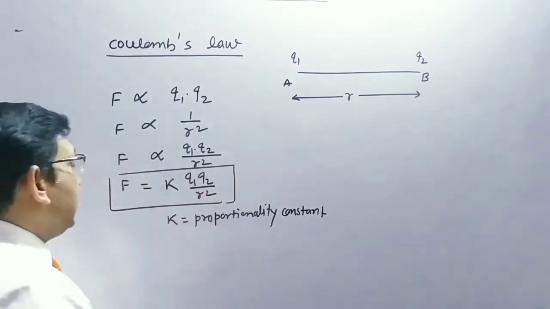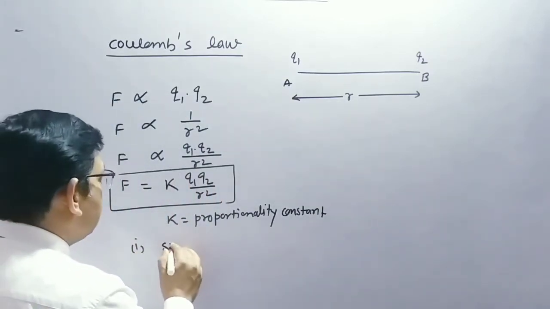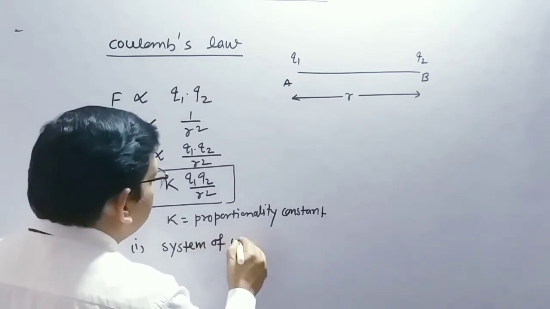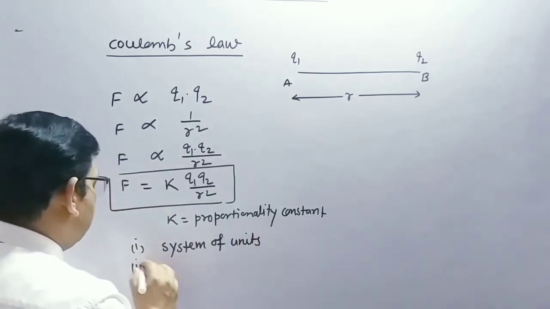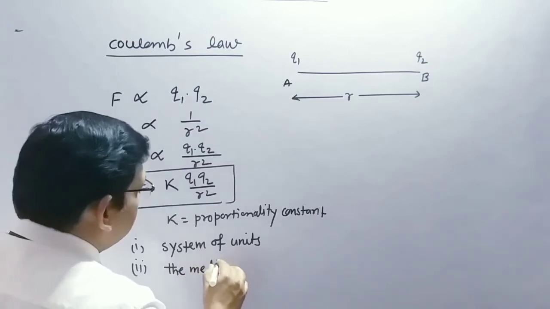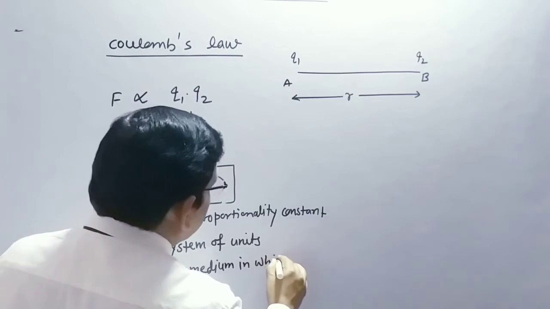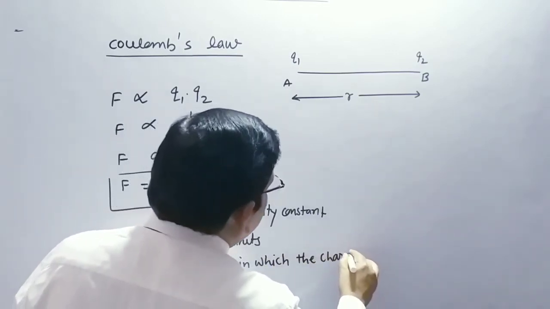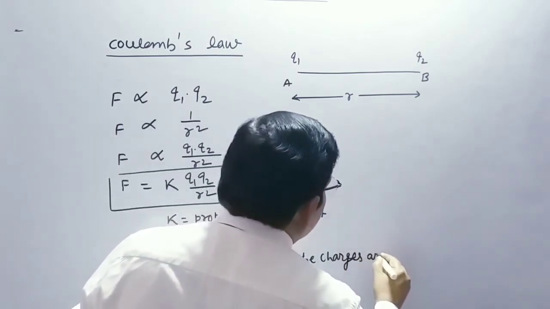The value of K depends, number one, on the system of units, and number two, on the medium in which the charges are kept.